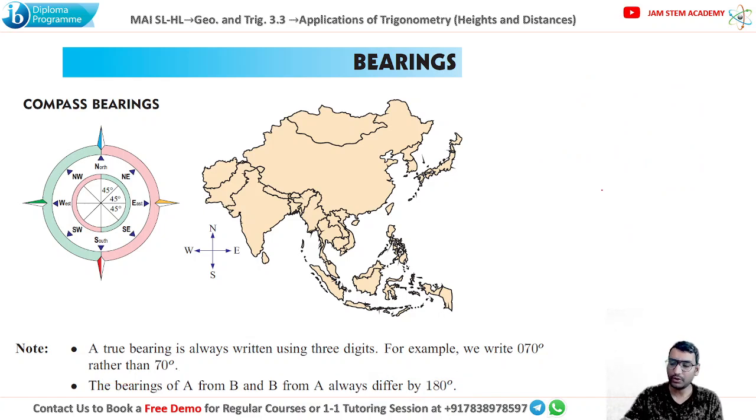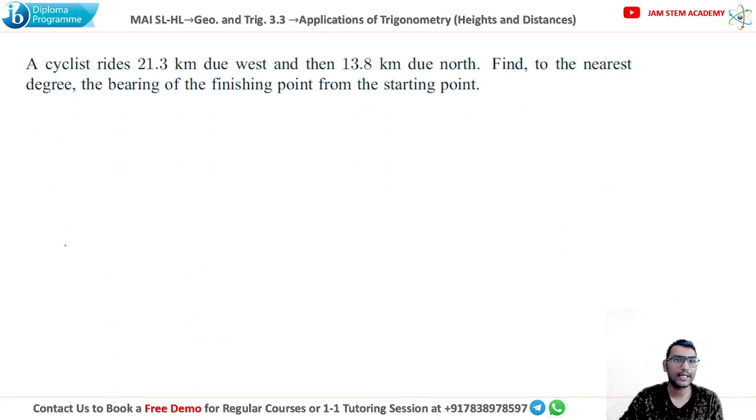Now you also know about the directions, right? North, south, east, west. Let's solve a question on this. A cyclist rides 21.3 km due west and then 13.8 km due north. To the nearest degree, find the bearing of the finishing point from the starting point.